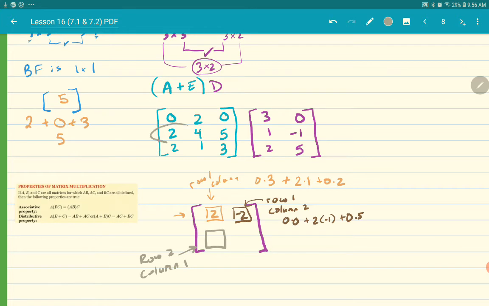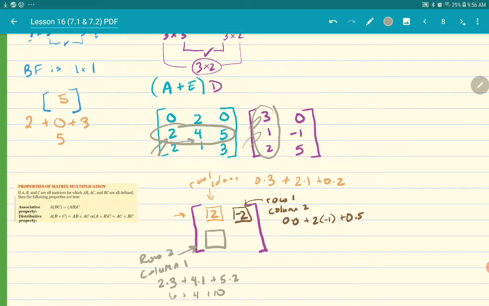So now we take row 2 and column 1. And I start with my 2 times 3, slide my finger down to get the 4 times 1. Did I say plus 2 times 3? I don't know if I said that or not. 2 times 3, 4 times 1, and 5 times 2. And add those together. And I get 6 plus 4 plus 10, so I get 20.